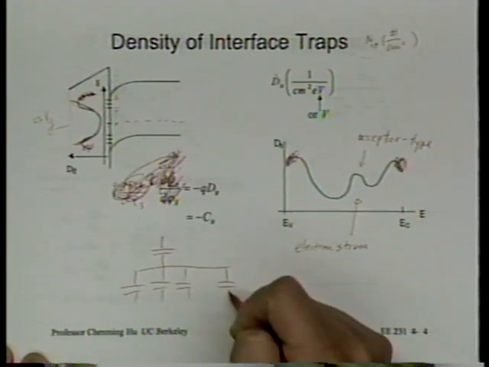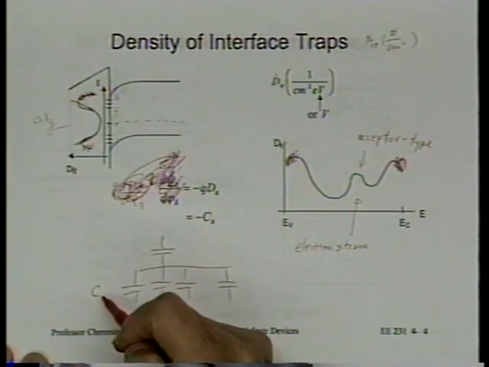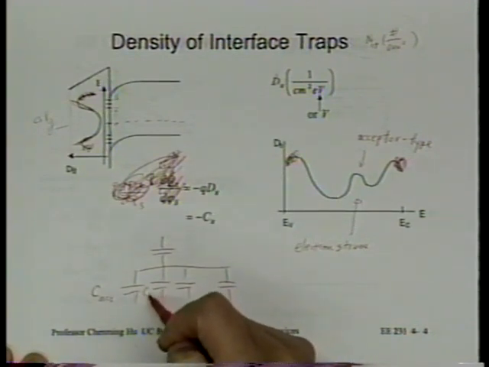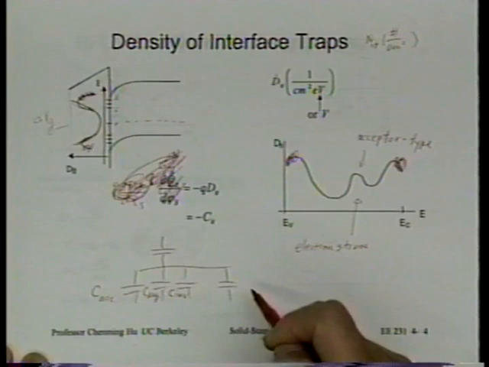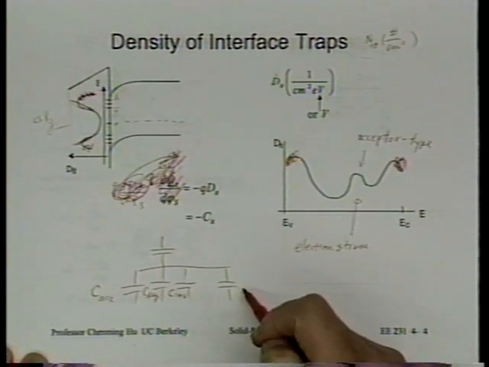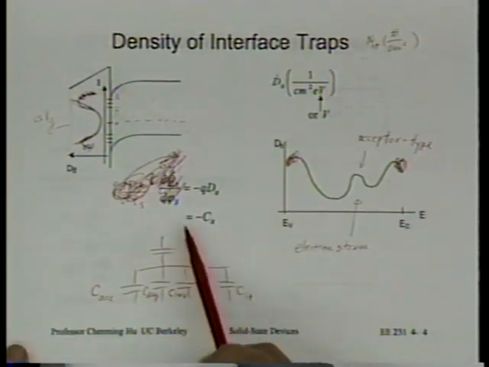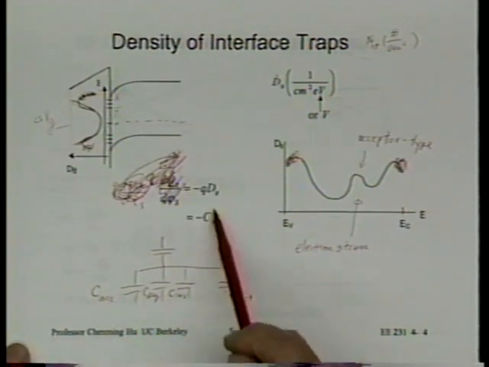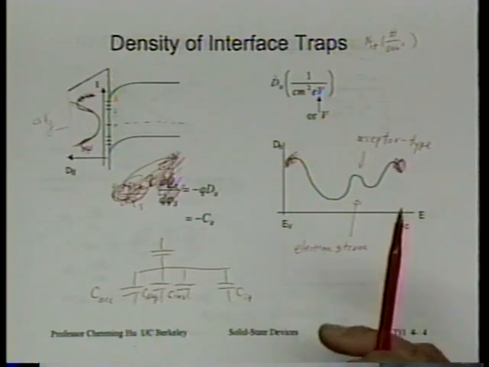What 4 components? The first 3 I've seen before: C accumulation, C depletion, and the third one, C inversion. Now we can imagine there's a 4th component called CIT. Exactly right. And CIT, dQIT d phi s, is defined this way. Even the negative sign, you remember where that came from, right?